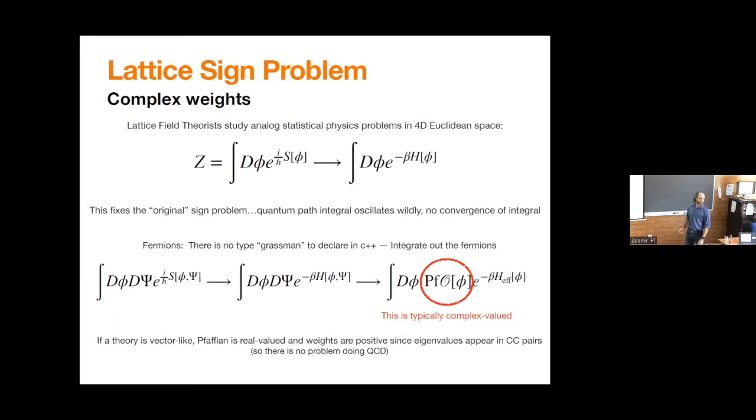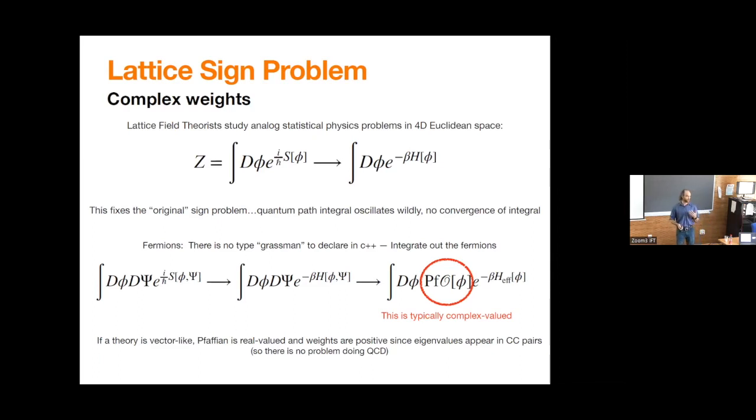You integrate out the fermions, which, if it's quadratic, just gives you this Pfaffian, or the square root of the fermion determinant. However, this thing is typically going to be complex valued, unless you happen to be in a vector-like theory where the eigenvalues come in complex conjugate pairs, and this ends up being real in that particular case.